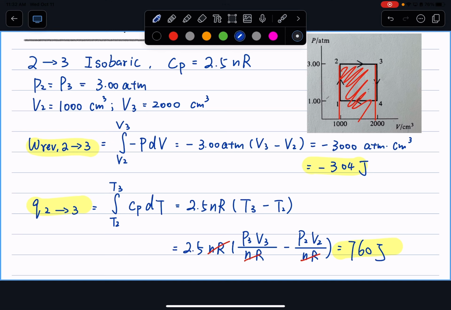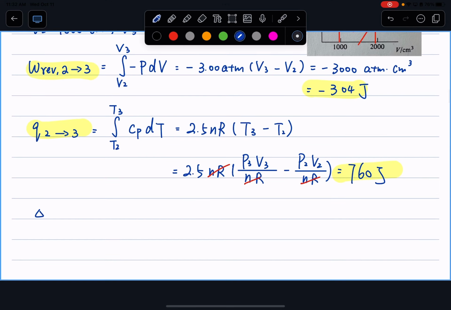All right, and if we keep going, we have delta U from 2 to 3 equals W reversible from 2 to 3 plus Q 2 to 3, and that gives you 456 joule.